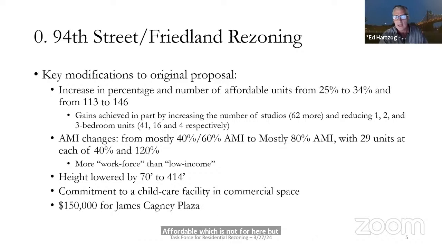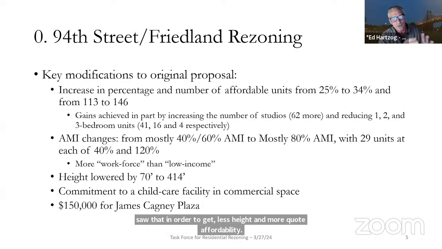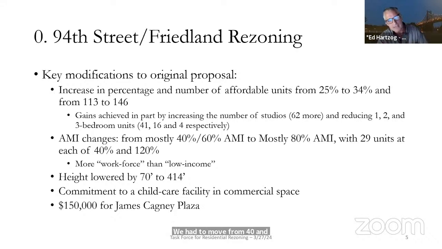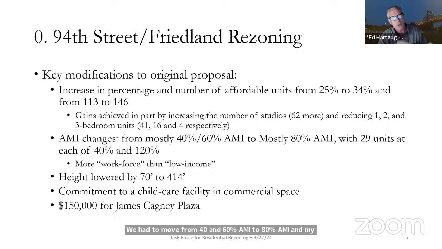But my question is, I saw that in order to get less height and more, quote, affordability, we had to move from 40 and 60% AMI to 80% AMI. And my question was, just for the public and for the meeting, what the income bandwidths were, if you could just recite those for us, for the folks here who don't know that off the top of their head. If you could tell them what the trade-off was with respect to those income bands, and whether and where that fits with respect to the surrounding area that's going to be directly impacted by that. Thanks.